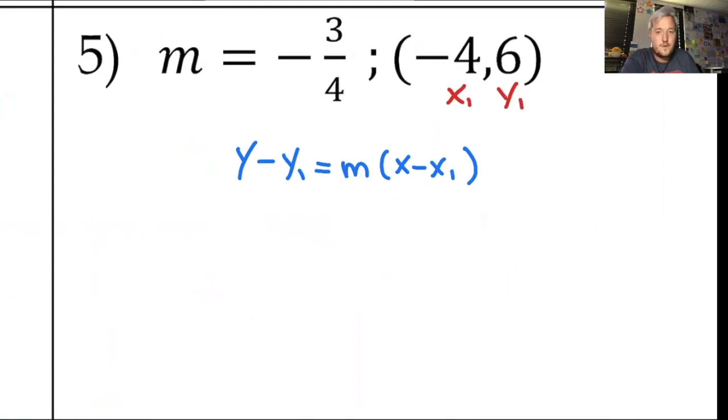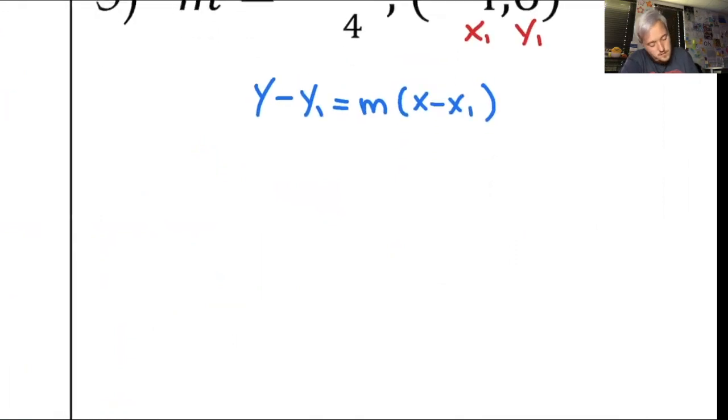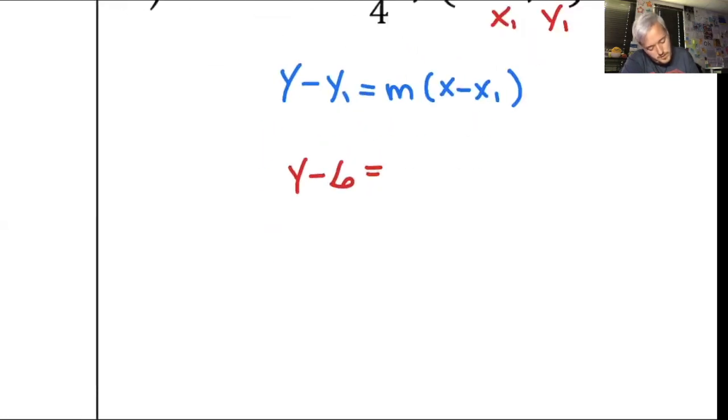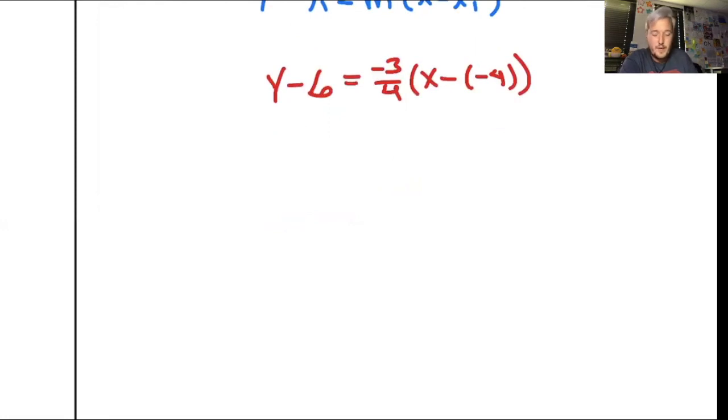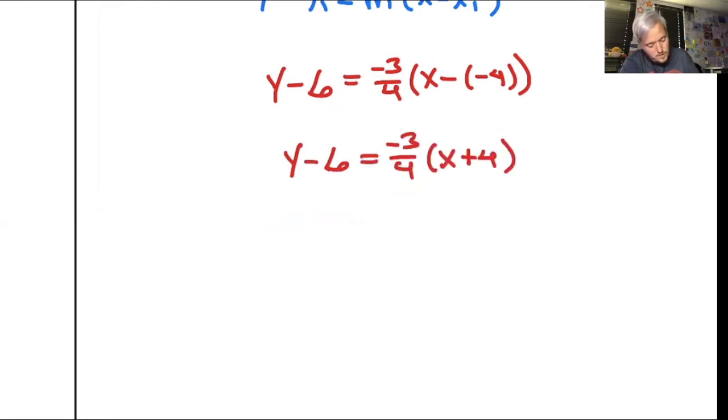All right, so I'm going to have y minus 6 equals my m value, which is negative 3/4, then x minus negative 4. So I need to simplify that minus a negative. So I have y minus 6 equals negative 3/4 x plus 4. So here's our equation.